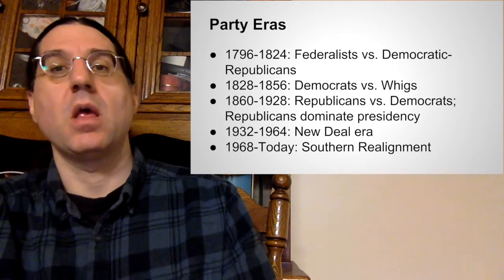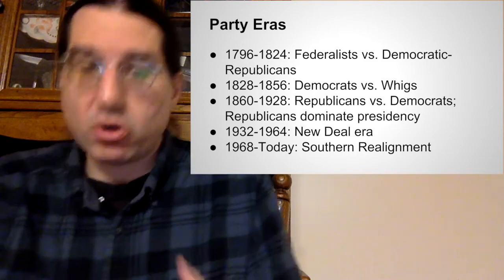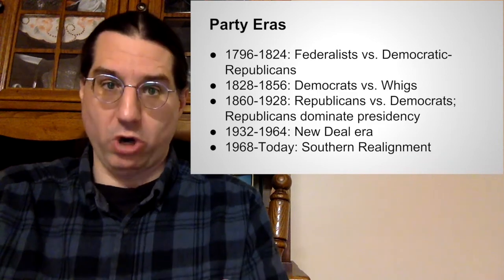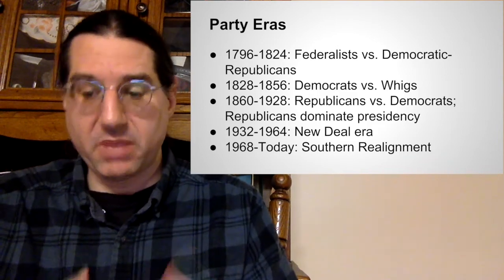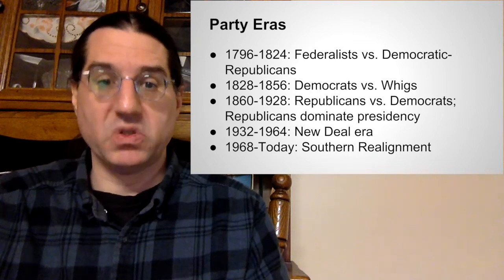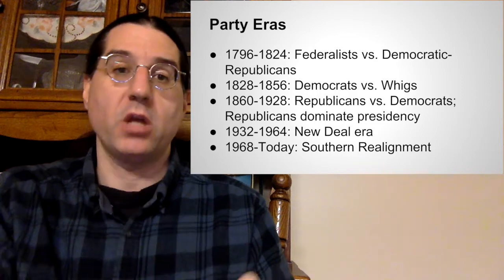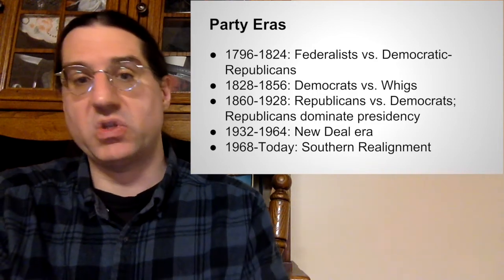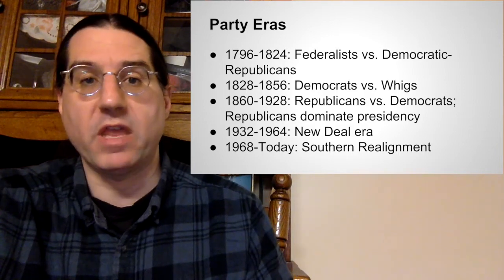Then the people who wanted a strong central government, stronger than the Articles of Confederation had been, but not super strong, who wanted to still leave things back to the people, were the Democratic Republicans. The Federalists are most identified with John Adams and Alexander Hamilton. The Democratic Republicans are strongly lined up with Thomas Jefferson.